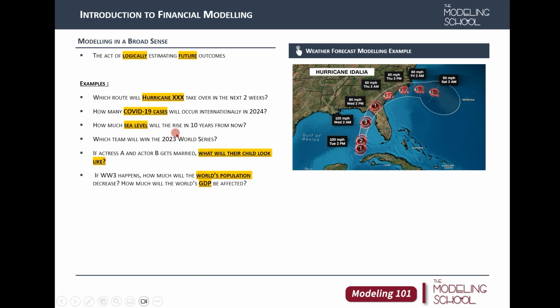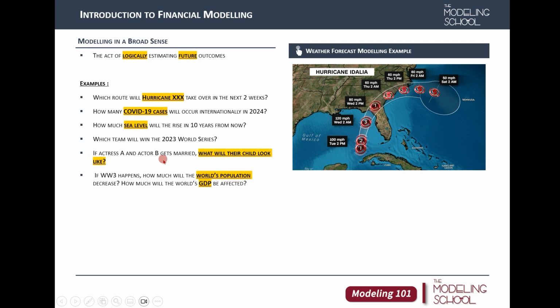So data teams of professional baseball clubs, or maybe a professional gambler who bets money on who's going to win the World Series, might be doing some sort of modeling. And these kinds of cases are also called modeling.